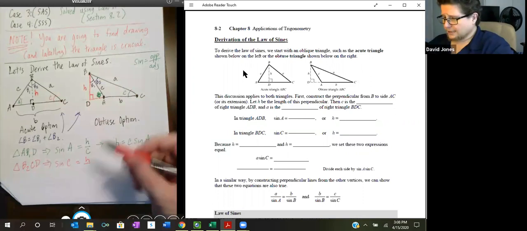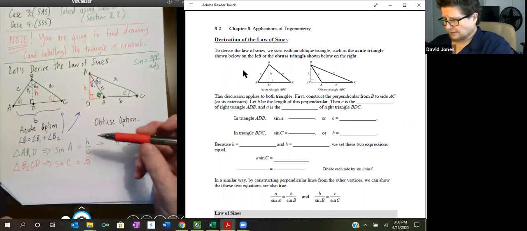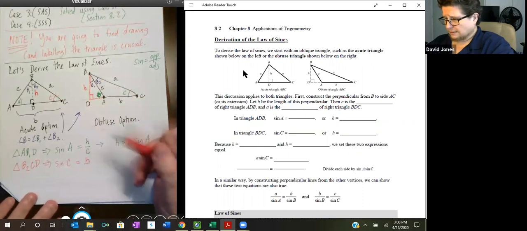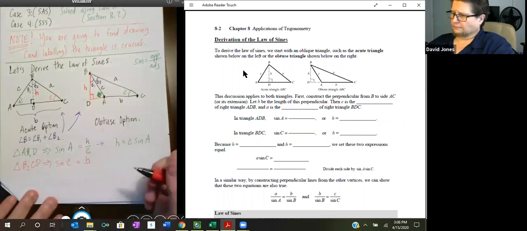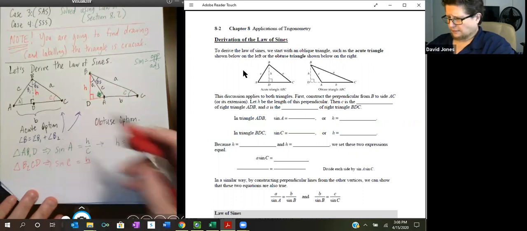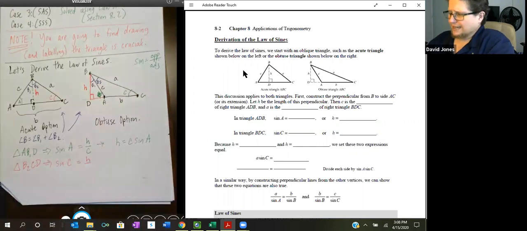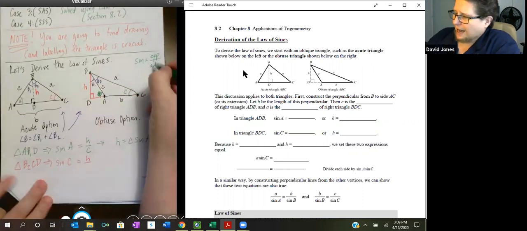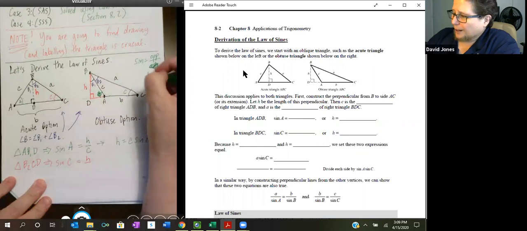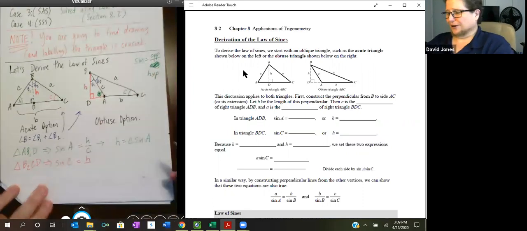What's the adjacent? I'm saying that funny. It's not opposite over adjacent, it's opposite over hypotenuse. That's what's wrong.